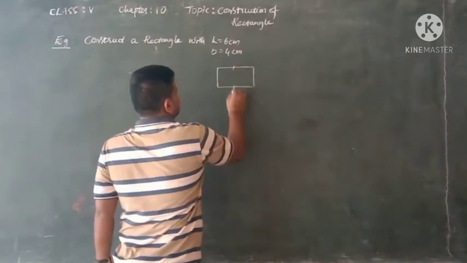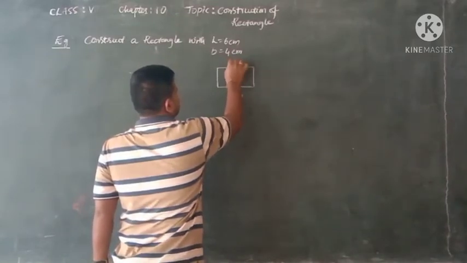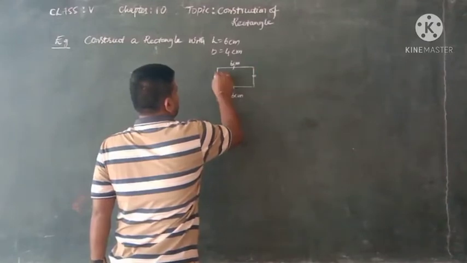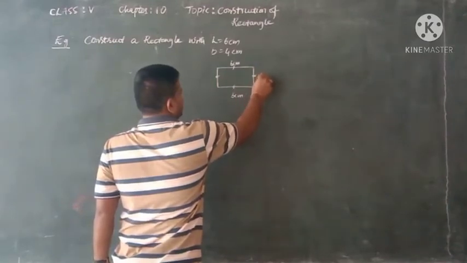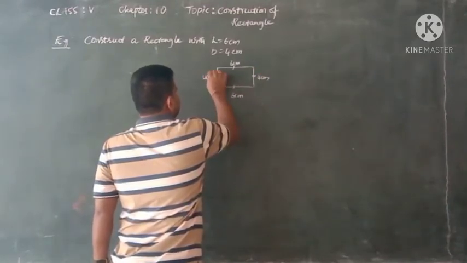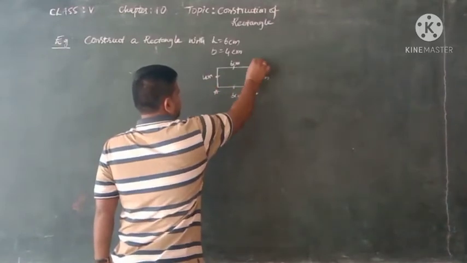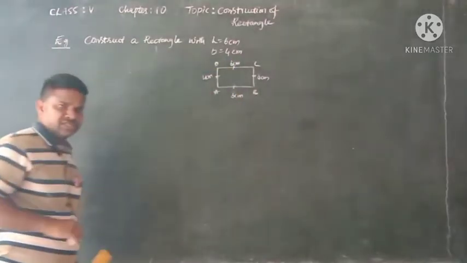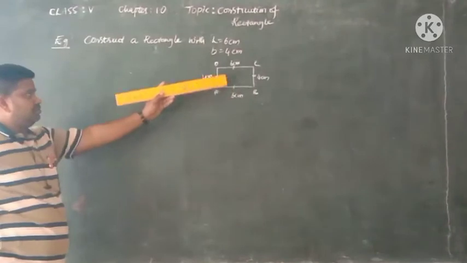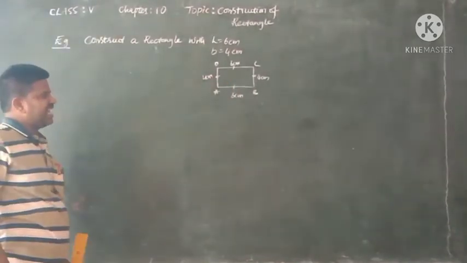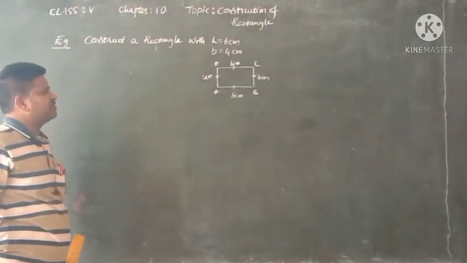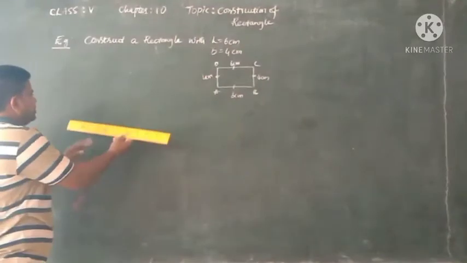This is 6 centimeters and the opposite side is 6 centimeters, and this is 4 centimeters. This is our rough sketch. You can draw it using these lengths, 6 centimeters and 4 centimeters, of the rectangle.